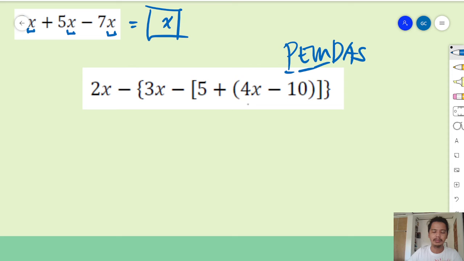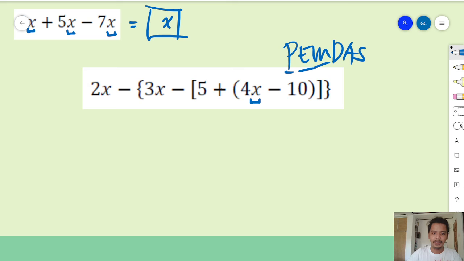Kasi kung titingnan nyo dito, yung 4x at saka yung 10 ay hindi similar terms. Okay? So, pwede nating tanggalin na lang muna yung parenthesis. Paano natin tatanggalin yun? So, may ruling dyan. Kapag positive yung nasa labas nung parenthesis natin, i-apply mo lang ulit yung tawag dito, yung distributive law.